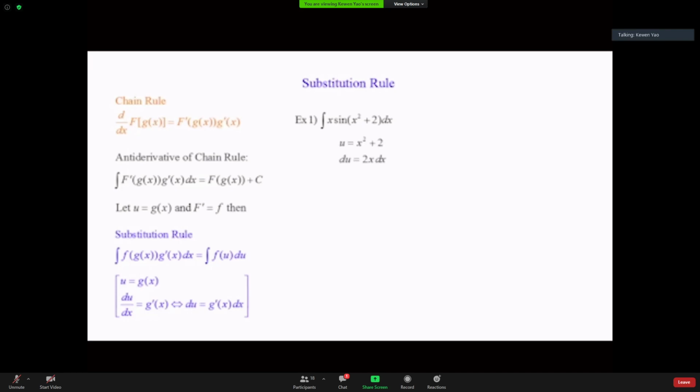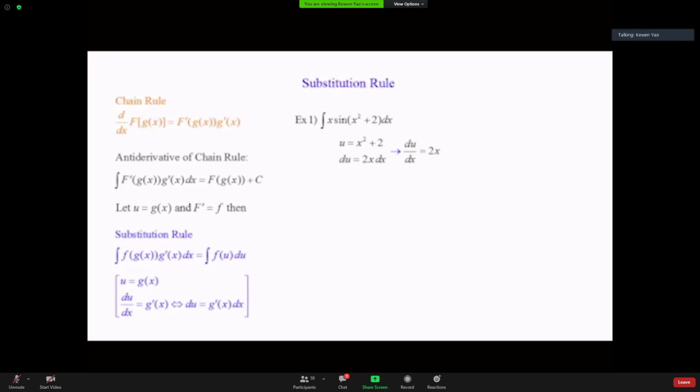So we pick u equal to x squared plus 2. Thus, the derivative of u with respect to x is 2x, giving us the differential form of du equal to 2x dx. Recall, this differential form came from du/dx is equal to 2x. So if you're not used to writing it in this differential form, feel free to write in du/dx equals 2x in the line before it.